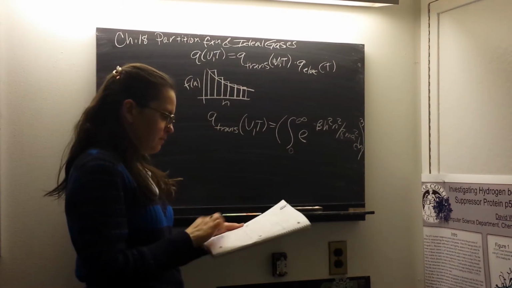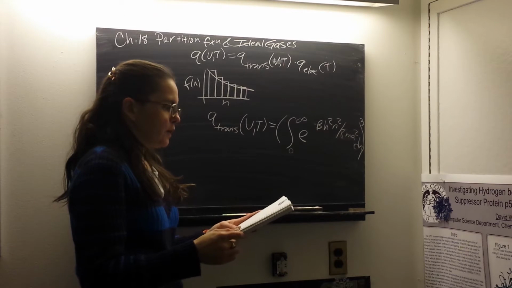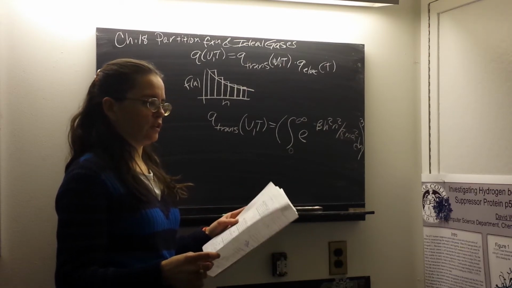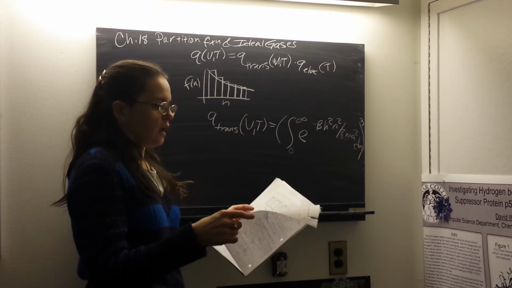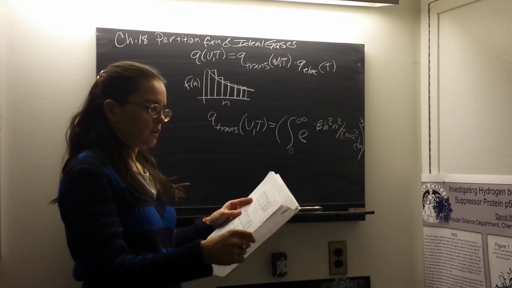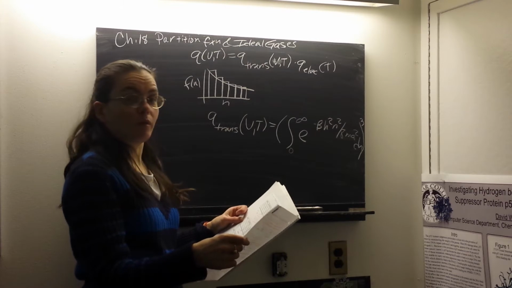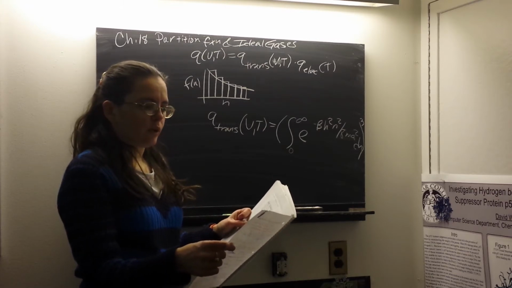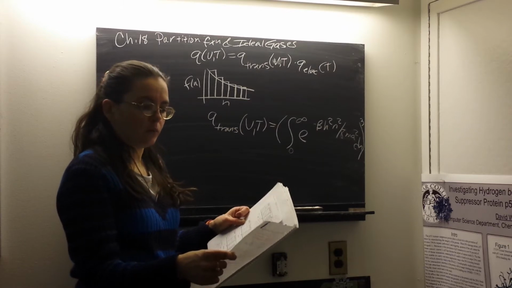So the last time we met, we were talking about Chapter 18, the partition function and ideal gases. In our discussion, we talked about how the partition function for the monatomic ideal gas has a couple of different components: the translational and the electronic component.